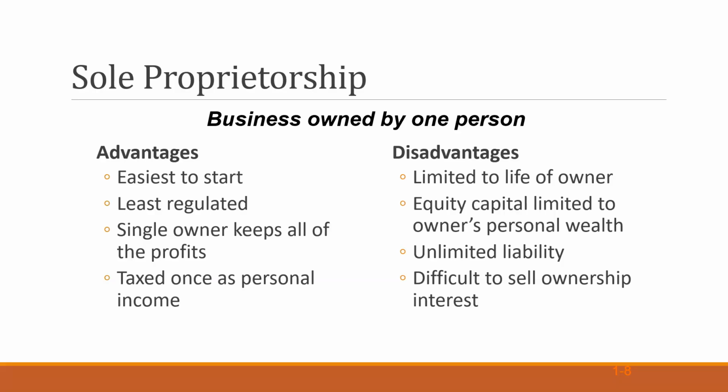That paperwork automatically registers you as a business and you can start doing business. It is the least regulated form of business. Corporations are the most regulated. The owner keeps all of the profits that are left over after the business's expenses have been paid.